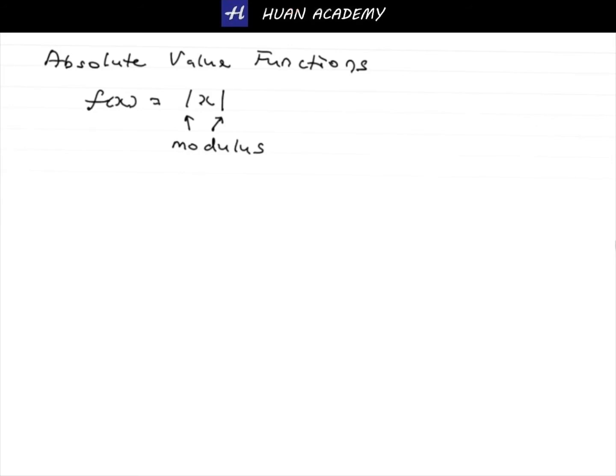So how does it look like? The definition for this absolute function looks a bit weird, but don't worry, I'll explain. Modulus x equals to, there are two possibilities: it could be x if the x inside here is greater than or equal to 0, meaning it's a positive number.